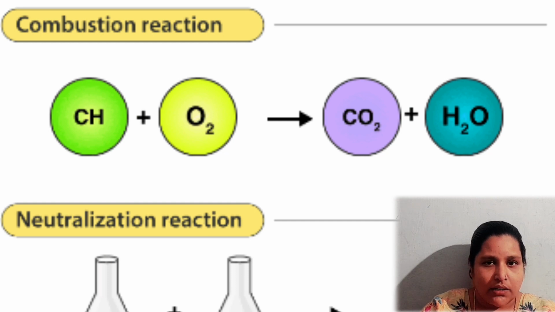We can clearly see that a yellow precipitate is formed. Before the reaction and after the reaction the weight remains the same. This is called the law of conservation of mass.